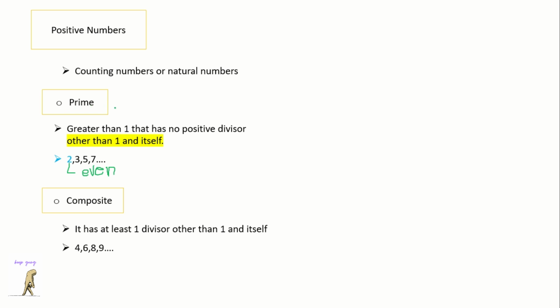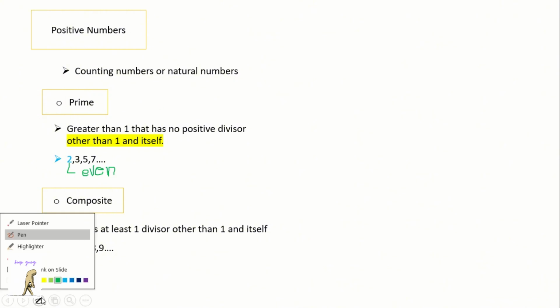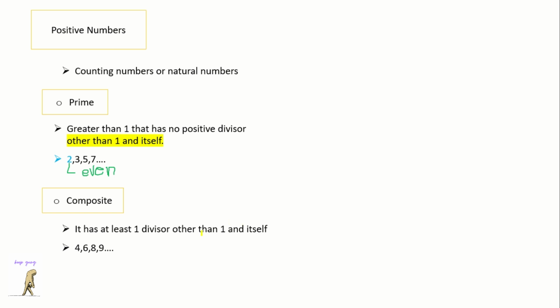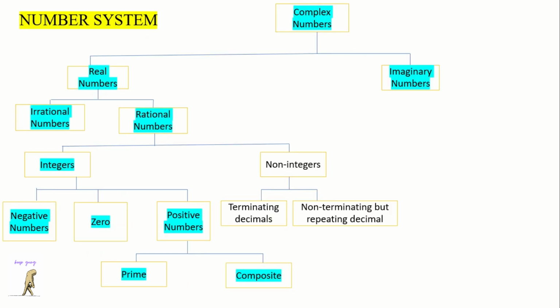Again, prime is a number greater than 1 that has no positive divisor other than 1 and itself, while a composite number has at least one divisor other than 1 and itself. So we are finishing this part already.